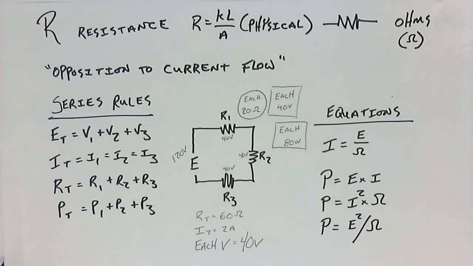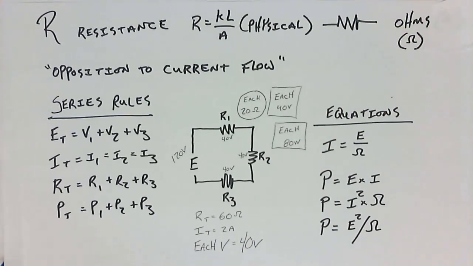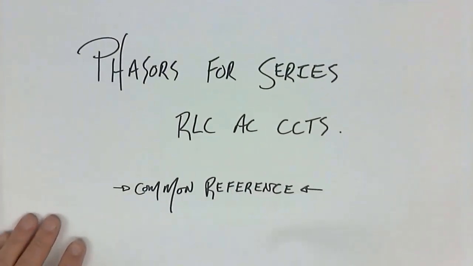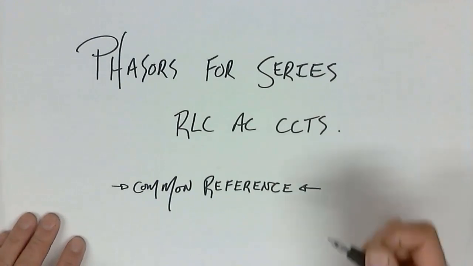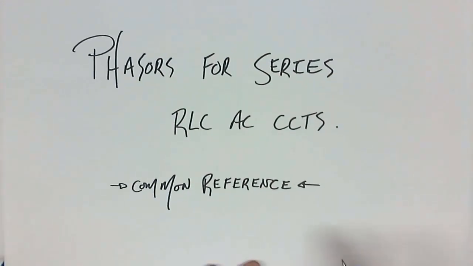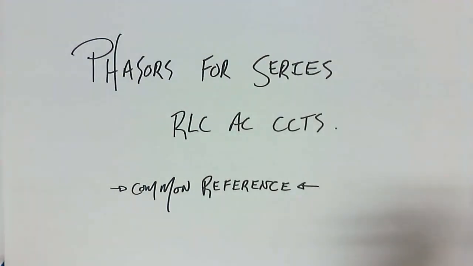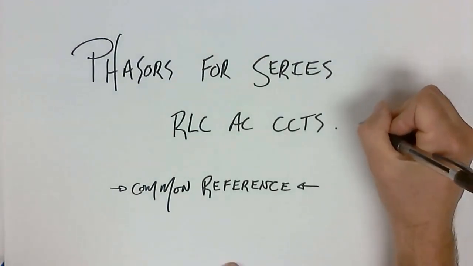Okay, so how can we represent this information in a phasor diagram? Well, when we're looking at a series circuit, a phasor diagram needs to have a common reference. And the common reference in series is the one property that is the same for all of the components in the circuit.